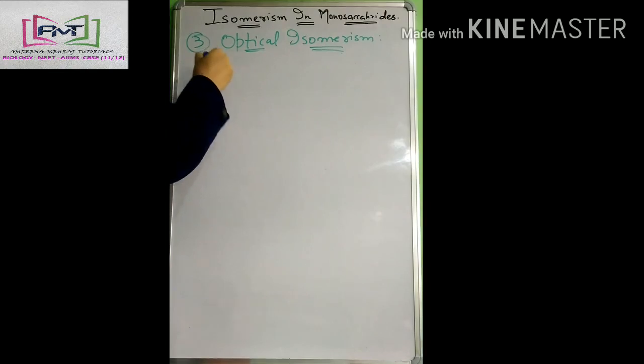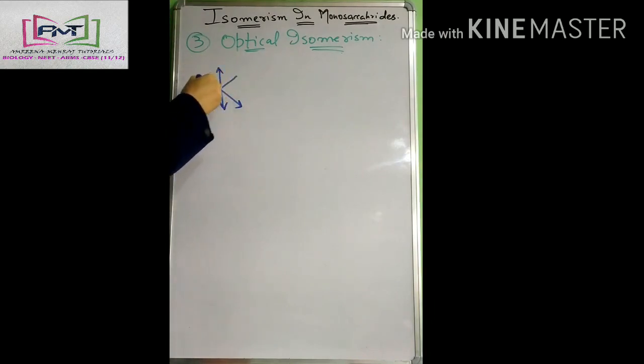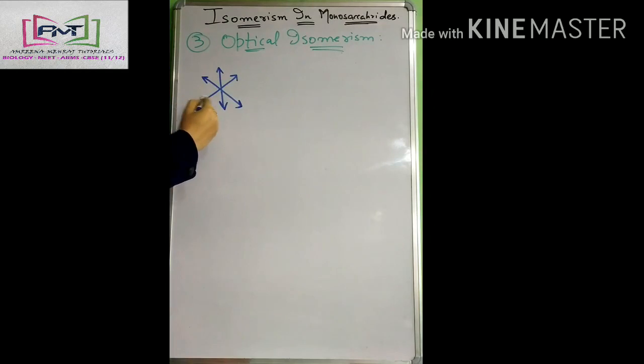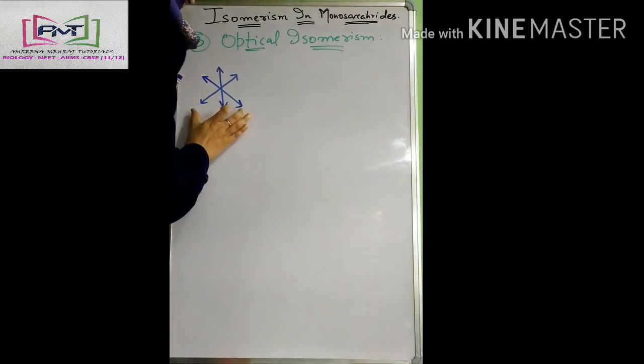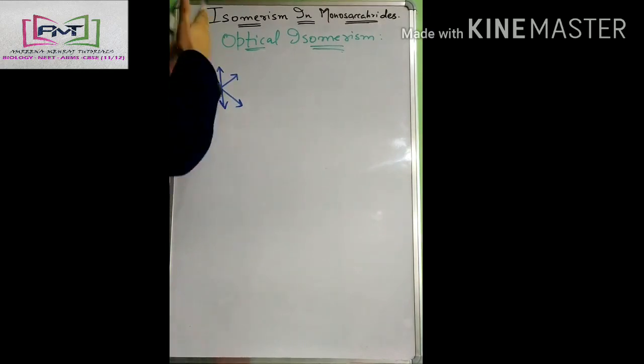So if I am showing this on the board, I am showing some arrows like this. These are certain arrows I have made. What do you get to know from these arrows? You get to know that there is something which is traveling in different directions. This is actually your light, which is not traveling in just one direction.